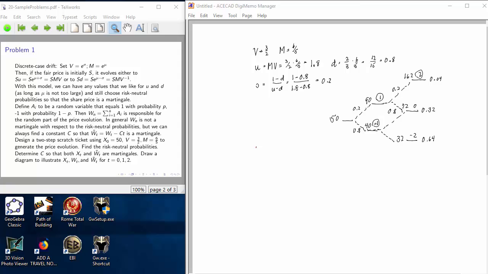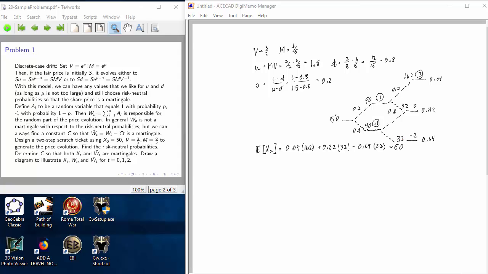And if I look at the expectation of the share price on day 2, that's X2, I get 0.04 times 162 plus 0.32 times 72 plus 0.64 times 32, and trust me, that works out to our initial 50. We've got a perfectly good martingale here.